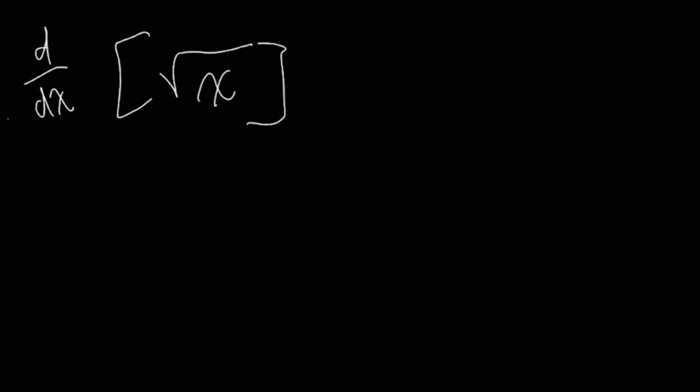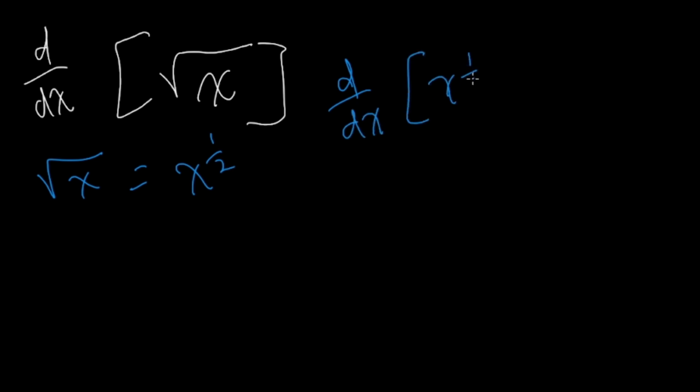So let's consider the expression. Let's just take the derivative of the square root of x. The square root of x is equivalent to x to the power of 1 over 2, and so we take the derivative of x to the power of 1 over 2.